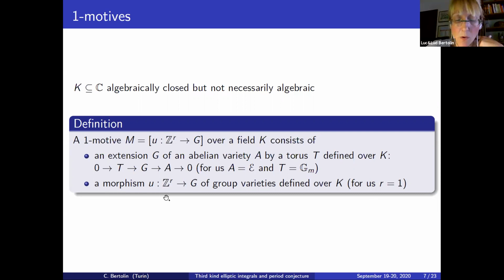So this group morphism is just to fix a point on the extension G. So you take an extension of E by G_m, and you choose a rational point on the extension. You can define 1-motifs in a more general context over any scheme, but for us, the definition over K is enough.